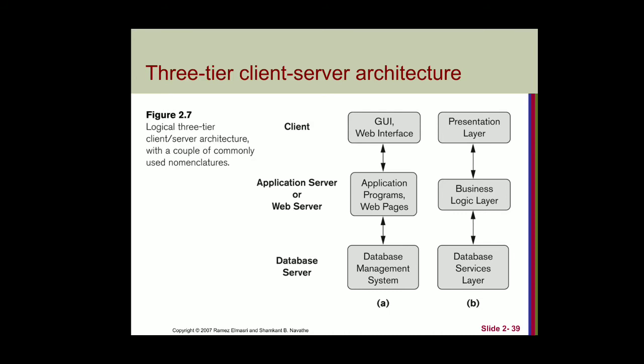The client requests something and this request is processed at the application server or web server. Then it is redirected to the database server, and whatever processed information we receive from the database server reaches the application server. Then from the application server or web server, we get the information back to the client.